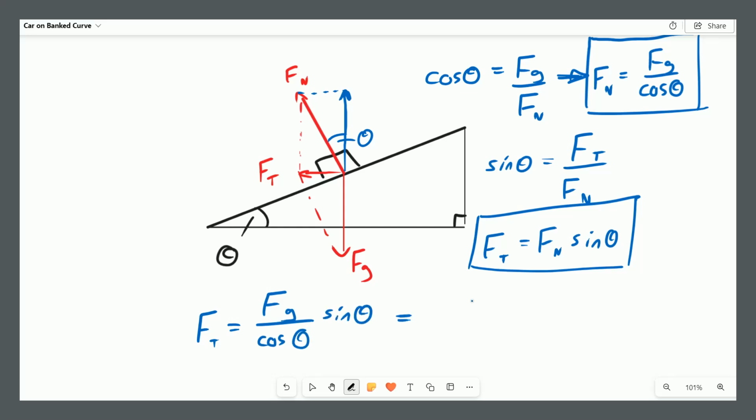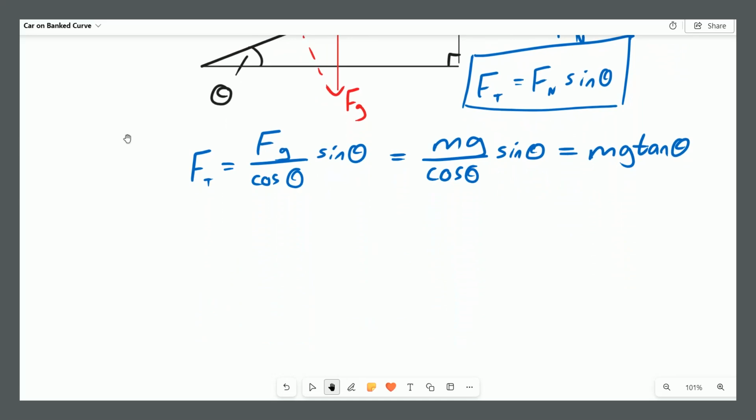Well, Fg is mass times gravitational acceleration, and sine theta over cos theta is the tangent of theta. So we actually get mg tan theta. And that total force is our centripetal force. So we have mv squared over r equals mg tan theta.